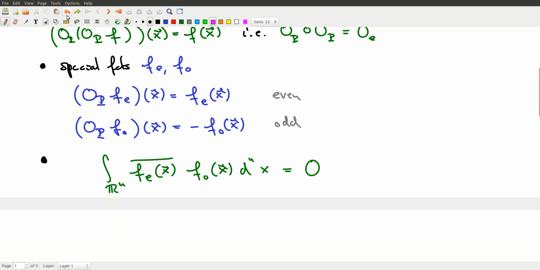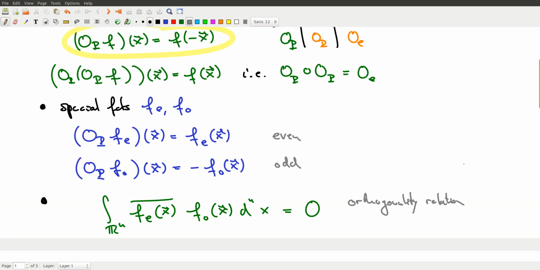Okay, this is called an orthogonality relation. And in physics applications of groups and representations, this would be called a selection rule.